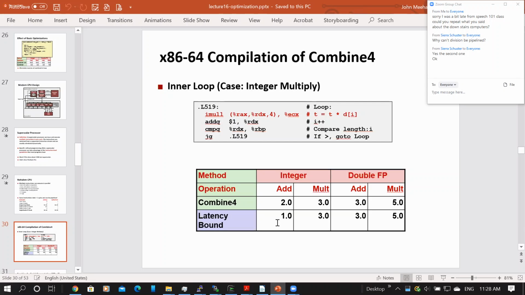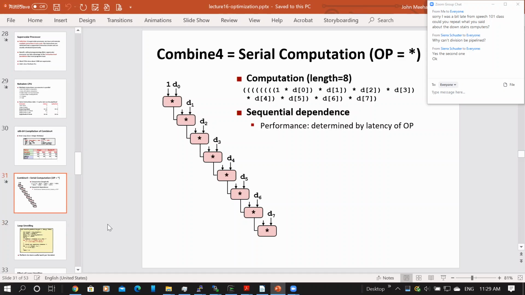But we can do better than the latency bound, right? Because we can arrange to pipeline things like we explained before. You could push one through and then immediately push another pair of operands through. But the reason that this is not beating the latency bound, taking advantage of the pipelining effect, is because there's a data dependency in our code.